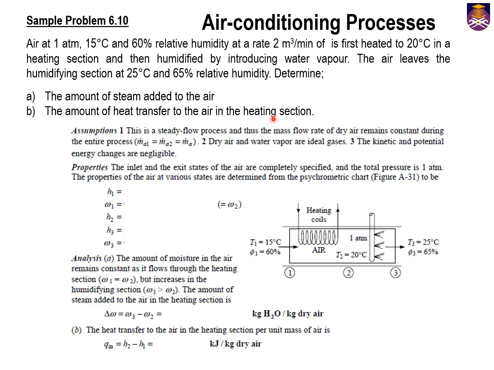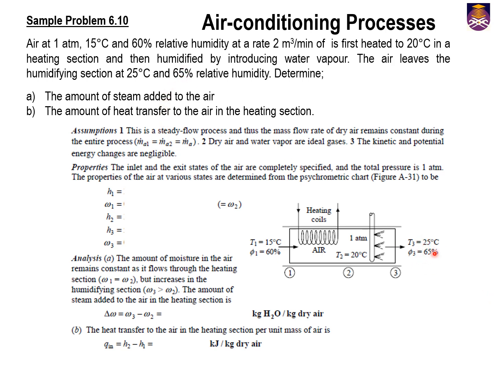Now let's look at the skeleton of the solution here. So assumptions again, because it's a single duct, conservation of mass is conserved, right? And then you have inlet conditions given to you, dry bulb temperature 15, relative humidity 60. So based on that, you should be able to find what is your H1 and omega 1. You are also given the exit conditions. So the exit conditions, dry bulb temperature is 25 and your relative humidity is 65.